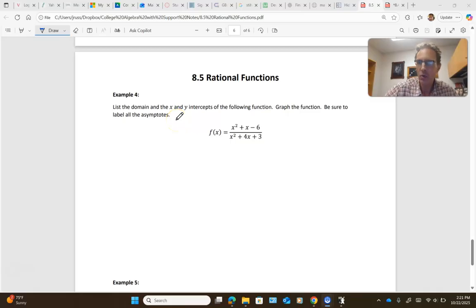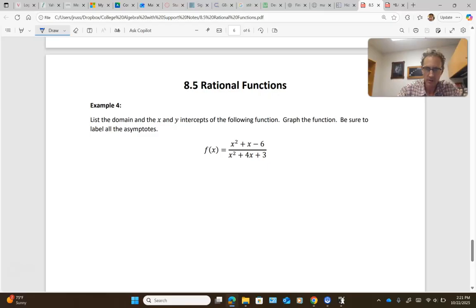I like to start by finding the domain. But before I do that, I'm going to make sure that this function is in simplified form. So I'm going to try to factor both of these polynomials. They're both quadratic, so they'll be relatively easy to factor.